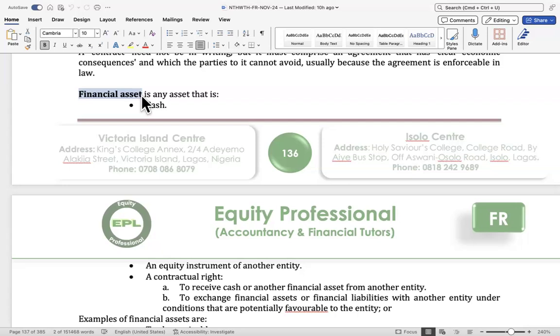And not only that, motor vehicle, whether for commercial purposes or for admin, would not even give you a right to receive cash. The fact that you are using it for Uber or you gave it to somebody to help you do runs around doesn't give you a right to receive cash.